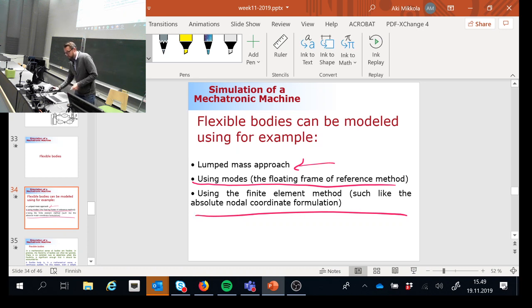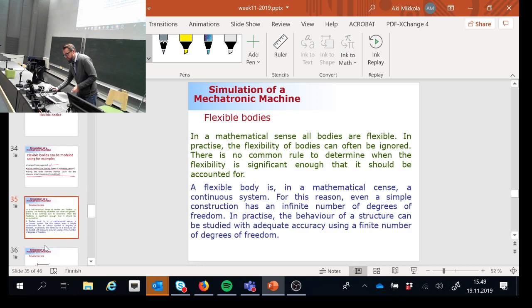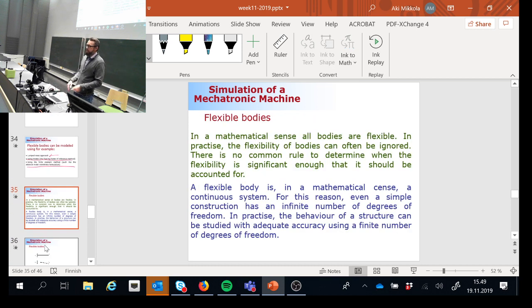Okay, but this is a little bit of explanation of flexible bodies. I'm sure it's not surprising when I say that there is no such thing as a rigid body. Every single body is a deformable, flexible body, but the question is when the deformation is significant enough that it affects the dynamic performance.